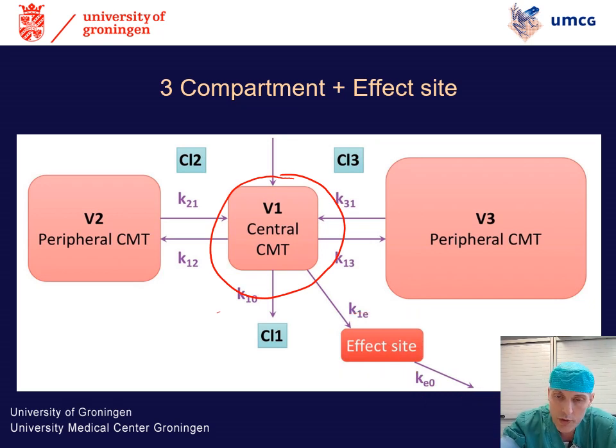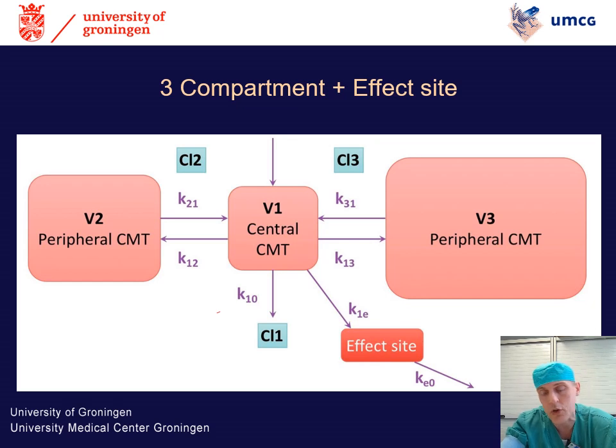And this one would have a much closer time course to the measured effect compared to the plasma concentration. But it's not a real concentration. I repeat myself over and over again. It's not measurable directly. It is an estimation of a new concentration that is closely related to the observed time course of effect.